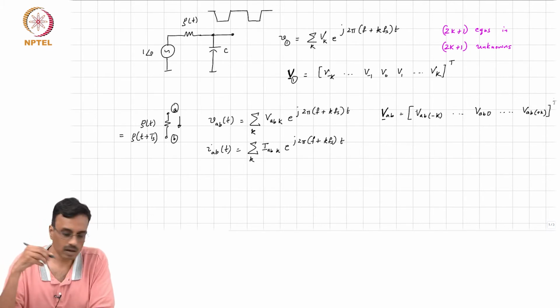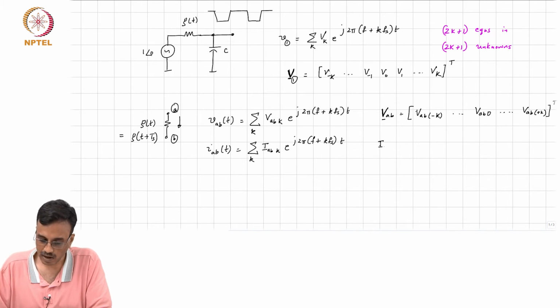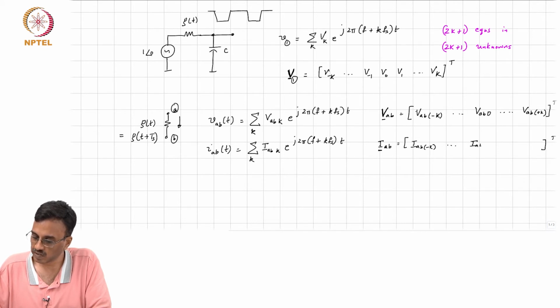This is a column vector, and likewise IAB, the phasor vector that we are now interested in, is simply IAB minus K, and so on, IAB 0, and so on, IAB plus K.